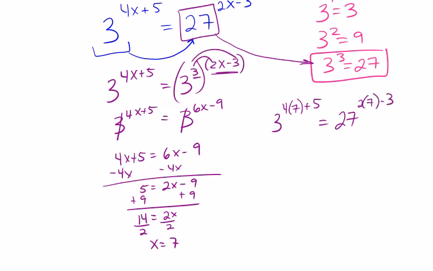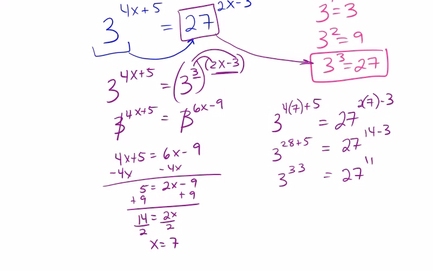Which means 3 to the 28 plus 5 would be 3 to the 33rd. And that should be equal to 27 to the 14 minus 3, which is 27 to the 11th. Why are the exponents not the same?